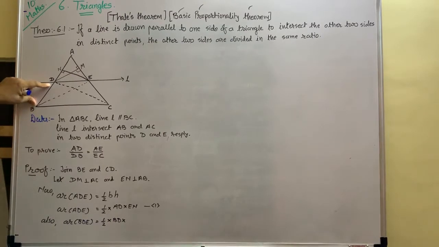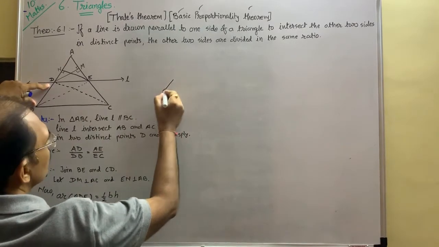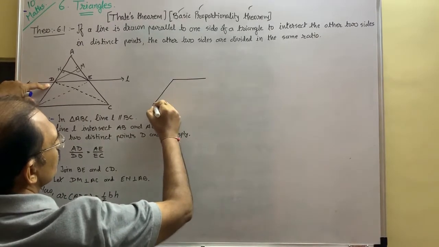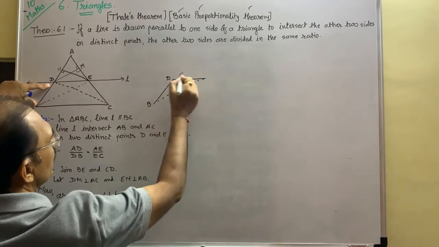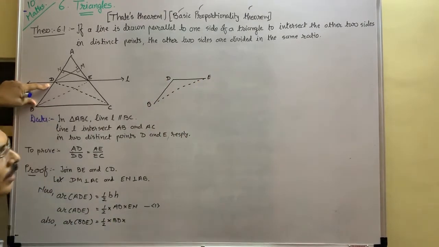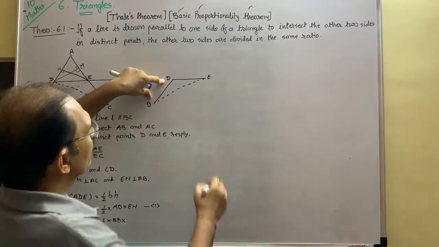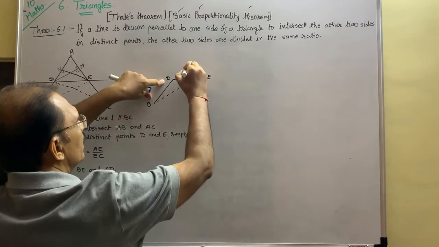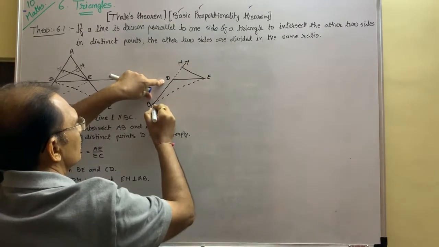So what is the height of triangle BDE? See, I draw this triangle here. This is BDE. Okay. Now, if you select BD as the base, then you can take EN as its height. Extend it.